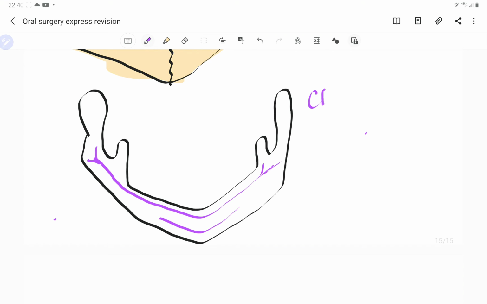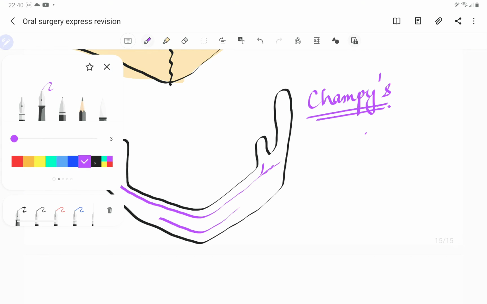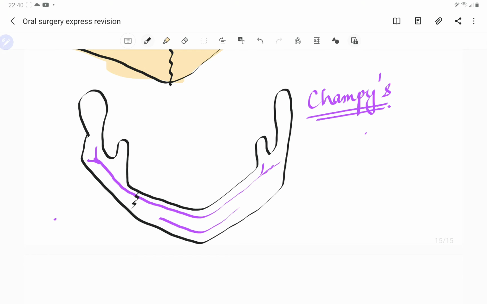This is the significance of Champy's line, guys. Suppose there is a fracture at the angle. If you put a plate over this Champy's line, the bone formation will easily take place and there is going to be neat bone formation.